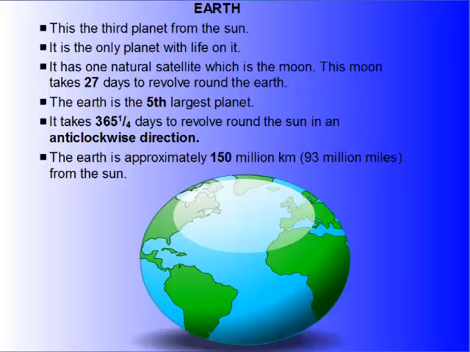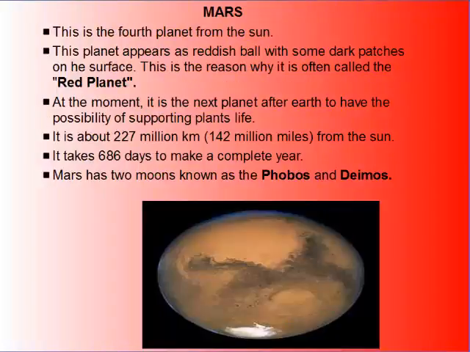So from earth we go to Mars, which is the fourth planet from the sun. This planet appears as a reddish ball with some dark patches on the surface. That is why it is often called the red planet. At the moment, it is the next planet after Earth to have the possibility of supporting plant life.